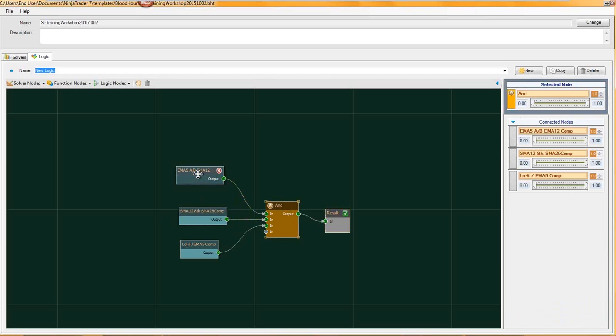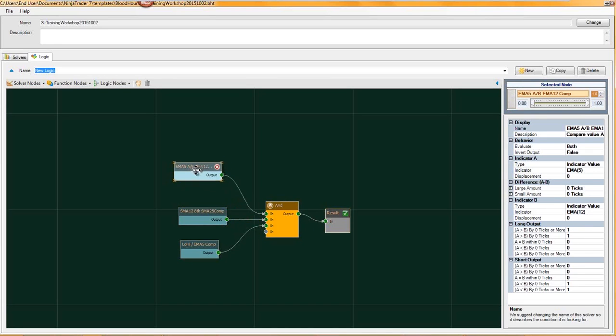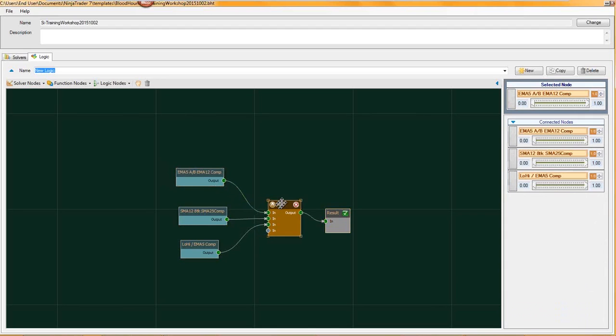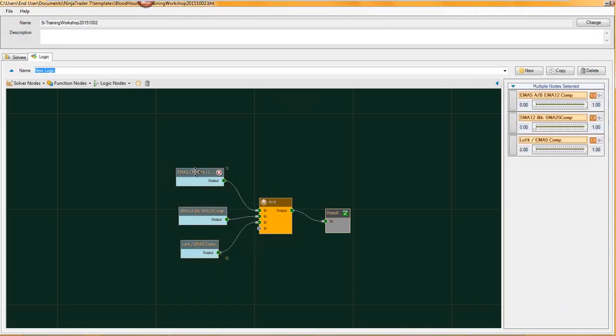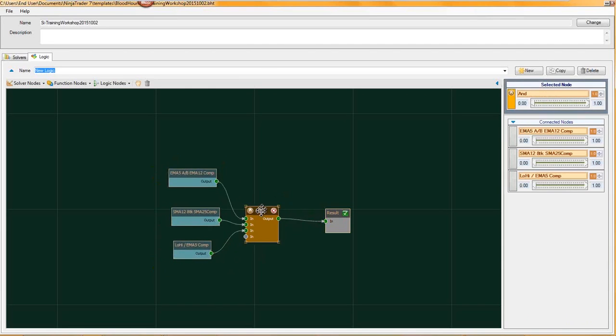You're taking information from one node and passing it to another node to do some processing of that information, right? So this AND node is taking data from all three of these solver nodes, processing that data, and giving you an output. That's basically how software works.